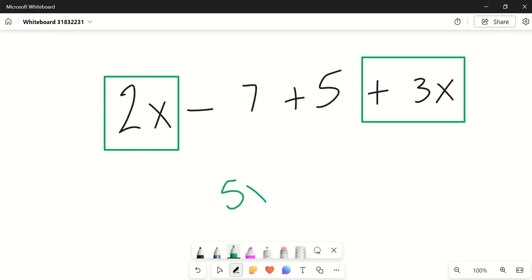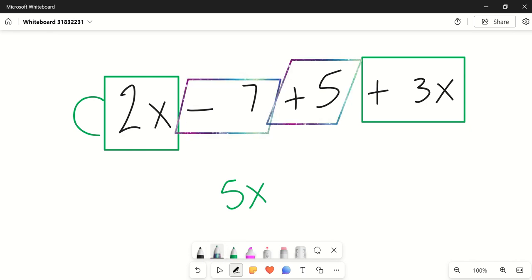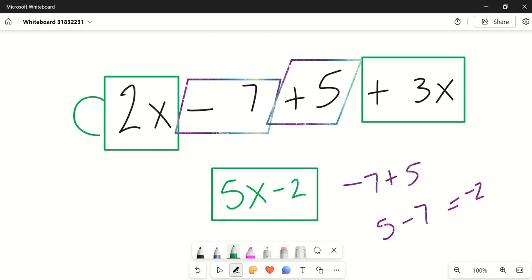That would make 5x, because again, this is positive because there's no negative in front of it. And then I would combine negative 7, because it's minus 7, and positive 5. Negative 7 plus 5 is the same thing as saying 5 plus negative 7 or just 5 minus 7, which would be negative 2. So this would become 5x minus 2. So again, when you combine the like terms, it's very important that you bring in the symbol in front of it.